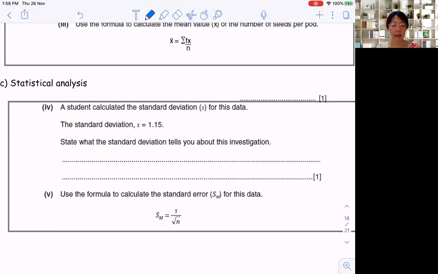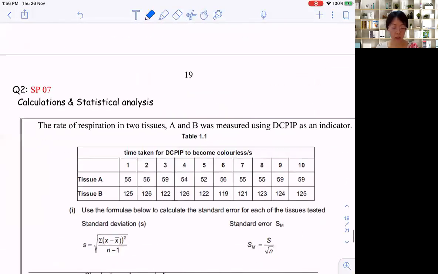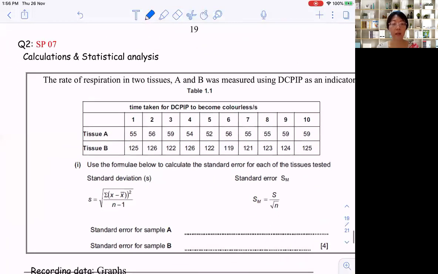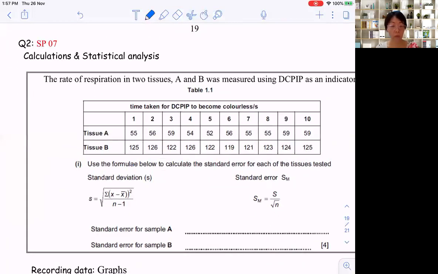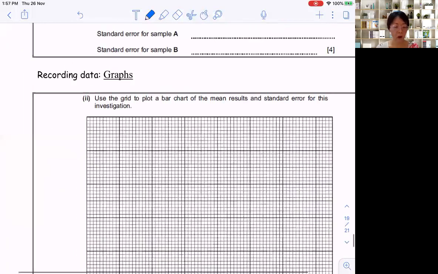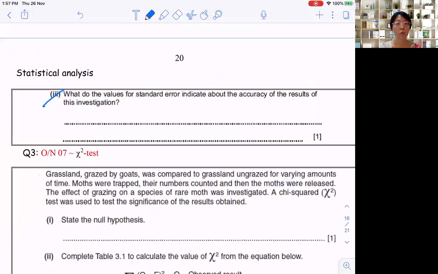Can you see there's an s and an s_M here? So you need to know how to calculate, and you need to know what it means. And then also calculate the standard deviation and standard error of the sample. So you can do this one as well. And then plot the graph, okay? So you stop at question 2.